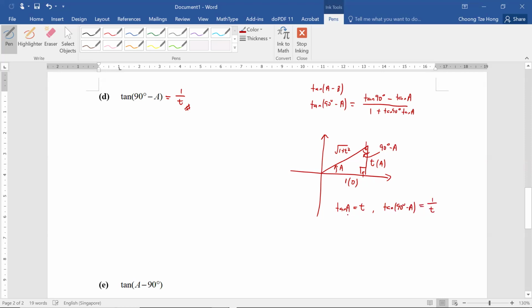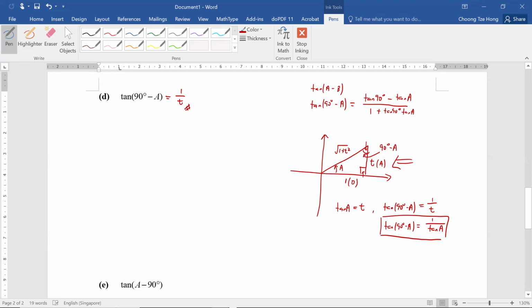If we replace the t with tangent A, we will be able to see the relationship between these two: tangent 90 degree minus A is equal to 1 over tangent A. So this is the relationship. But anyway, if you forget, this is the way to recall. If angle A is over here, this angle over here will be 90 degree minus A.